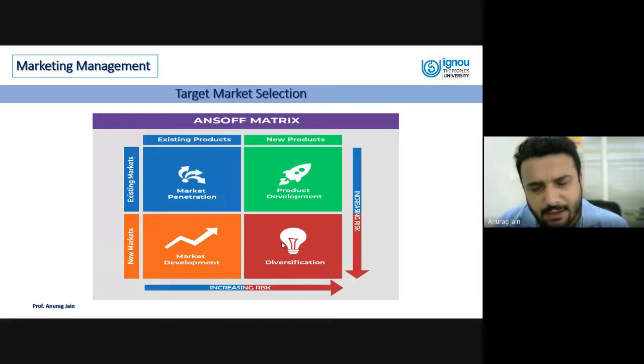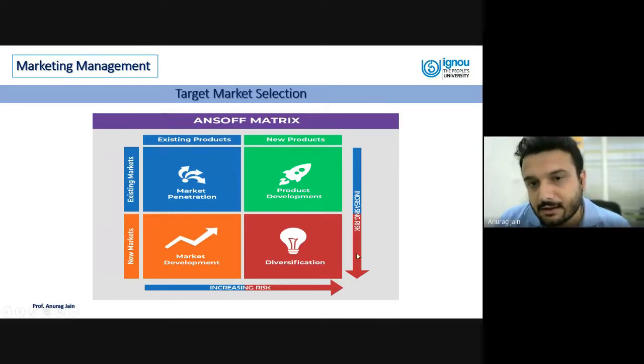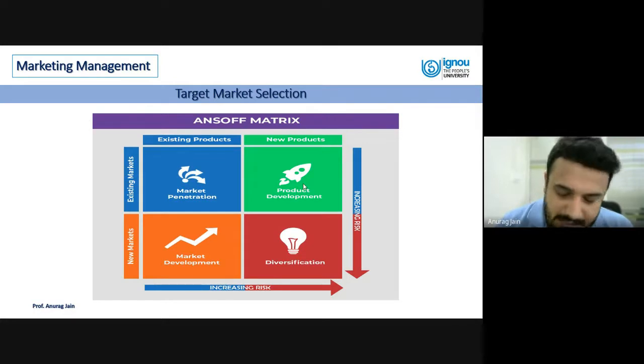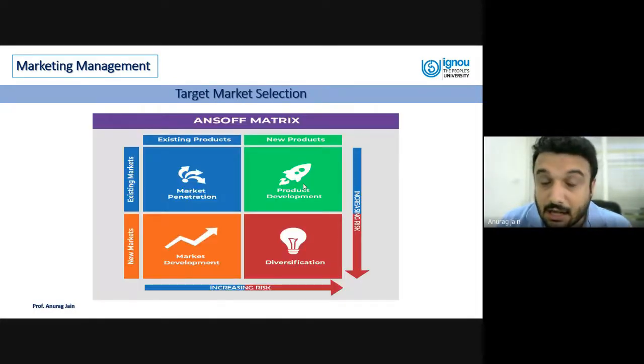One can take a wise call depending on the resources they have and the objectives they are carrying when targeting customers, and select a strategy that is a good fit for their business. So this framework is very applicable when we are selecting a target market.